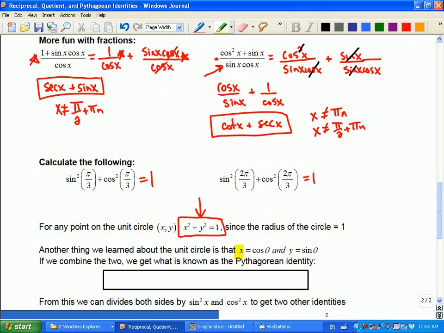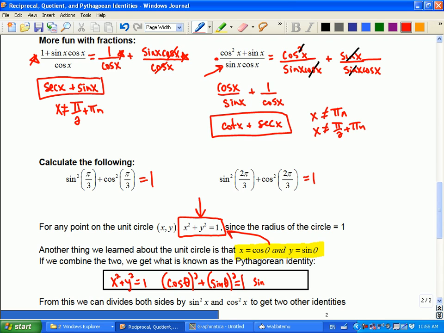But then the other thing we figured out was down here. We figured out that x was the cosine and y was the sine. So then we can make an identity out of this by combining these two ideas. So instead of x squared plus y squared, I'm going to replace it to be cosine theta squared plus sine theta squared equals 1.